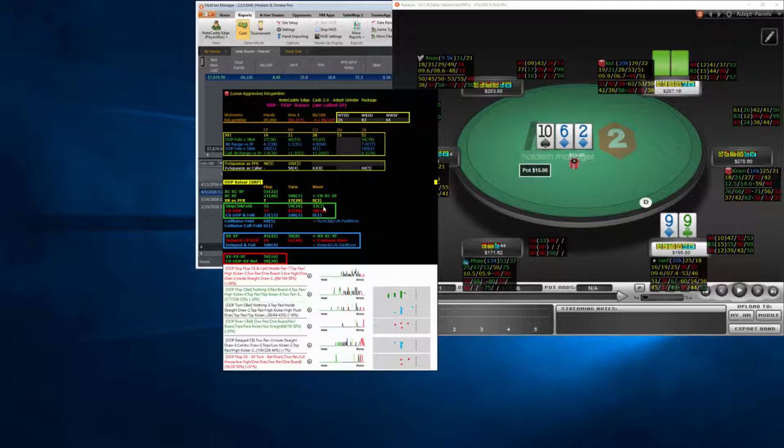Don't do anything fancy. But the situation changes on the turn, where our opponent's c-bet is 43%. So as I mentioned earlier, it's pretty low. But also his skip c-bet and fold is 59%, and this is a high number for check fold on the turn, especially given this low c-bet stat.